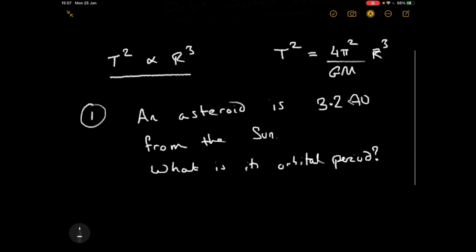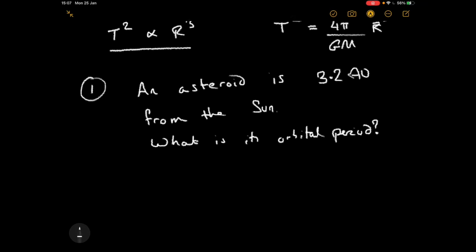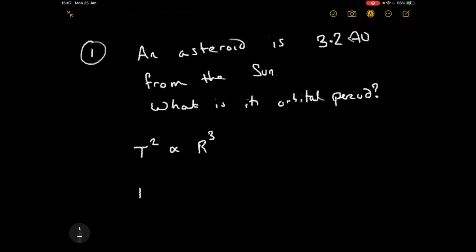The first is the ratio method, the method that Kepler would have used. We know that T squared is proportional to r cubed. If we work in years, that allows us to say that T of the asteroid squared over the time period for the Earth squared is equal to r of the asteroid cubed over r of the Earth cubed.